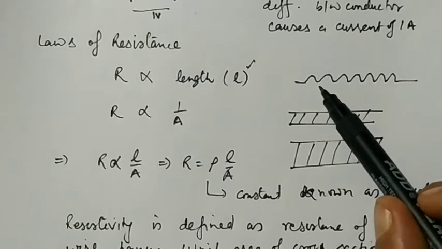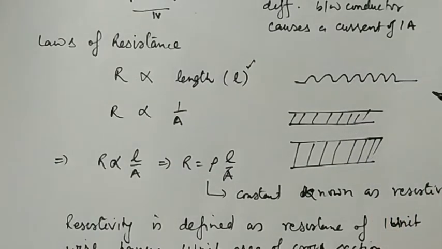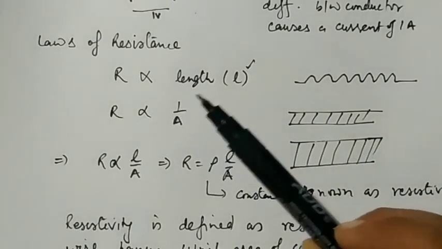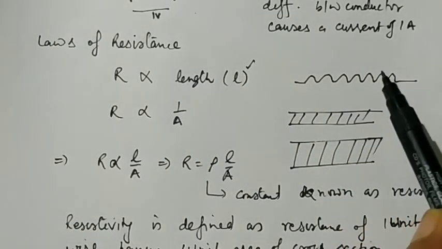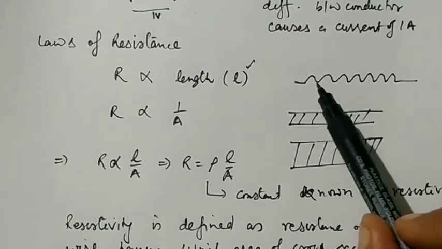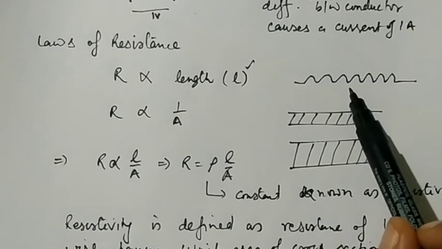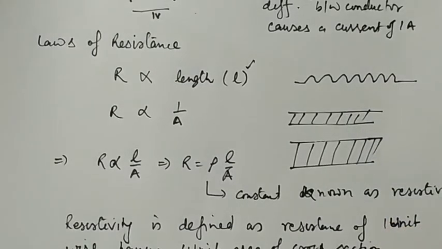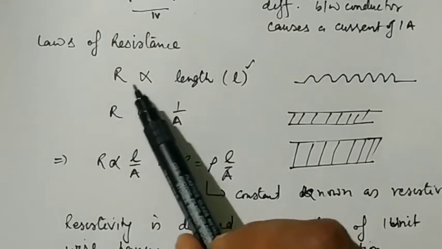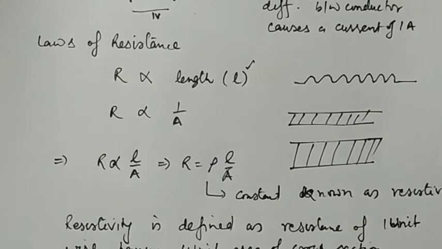If the speed breaker is shorter, your bike slows less. So if the length is more, the hindrance or resistance is more. So the resistance is directly proportional to the length.